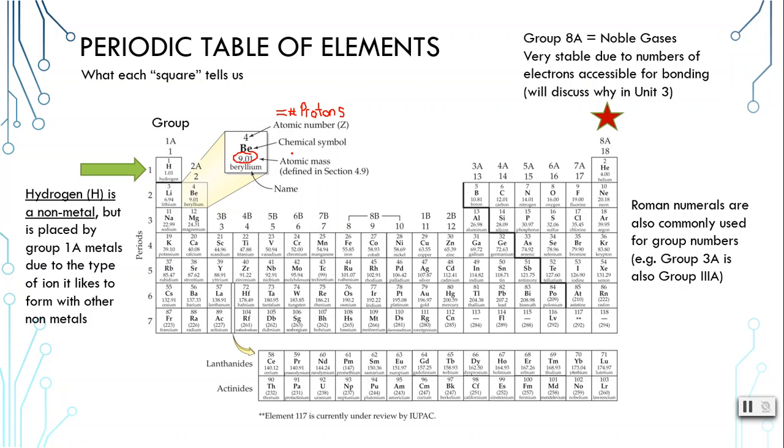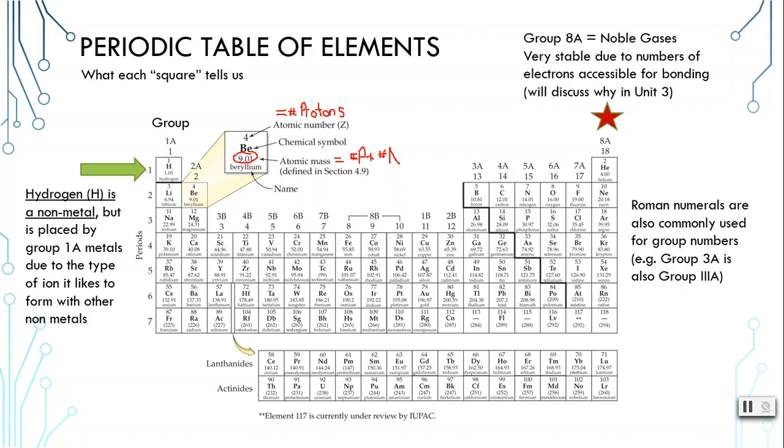We'll talk more about atomic mass in a subsequent video on isotopes. What you need to know right now is that atomic mass for an element is always equal to the number of protons plus the number of neutrons.